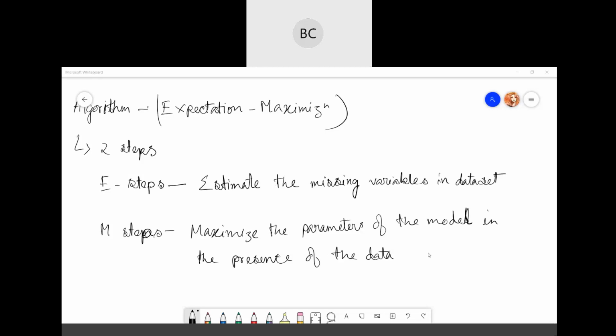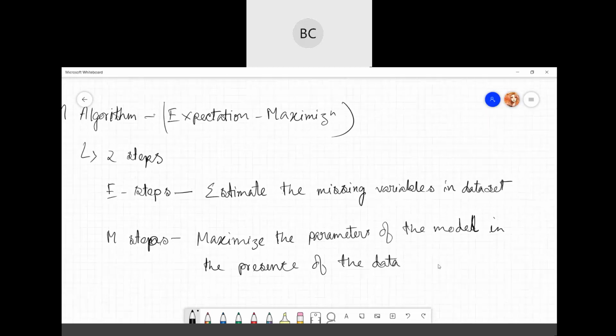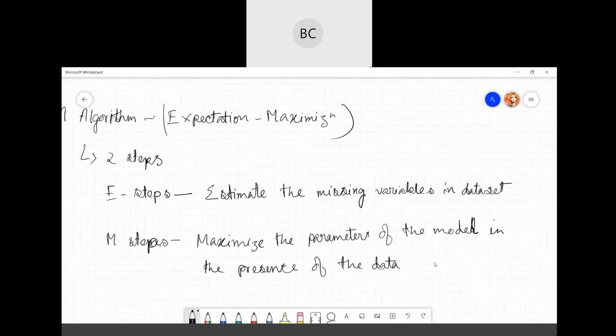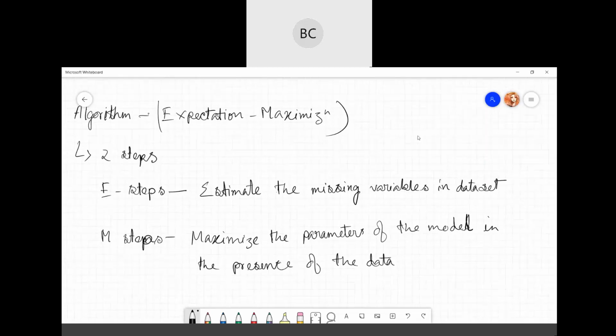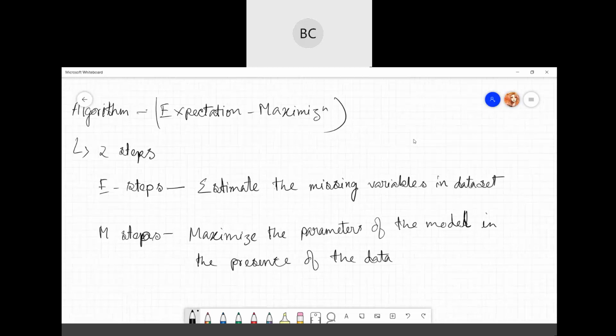Can you see it now? Is it okay now? I hope you guys can see and it's not freezing. Yes, yes, ma'am. It's fine.